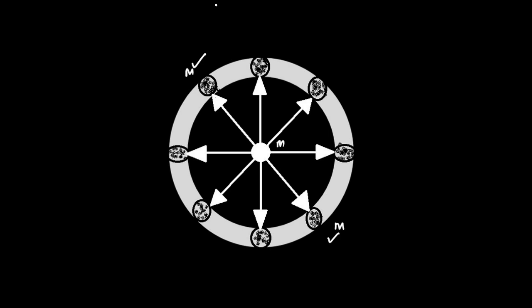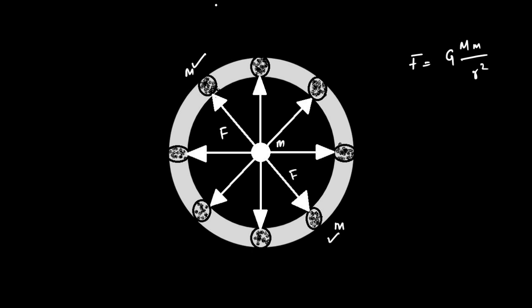Now these two portions will attract the point mass towards each other, and the gravitational force with which they will do so will be the same, G capital M small m by r square, because they are at the same distance away from the point mass. Now both these forces will be equal in magnitude but opposite in direction, so they will cancel each other out.